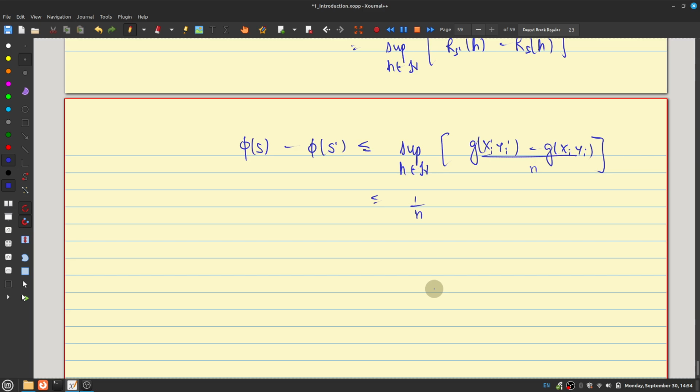We've assumed any loss function which is bounded between 0 and 1. It need not be the 0-1 loss. It need not even be a classification problem. So far, none of that assumption is required. Any loss function which can be bounded. If it's bounded between two other numbers, then this would be the maximum minus the minimum.